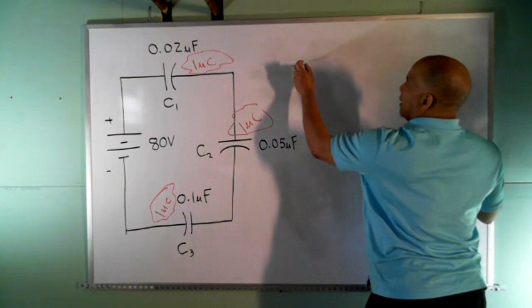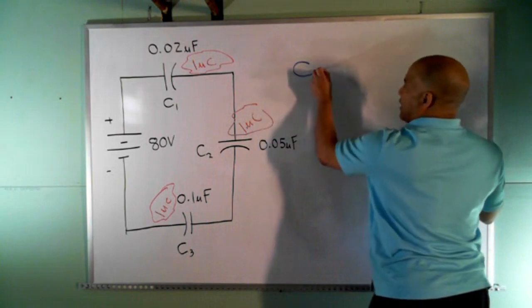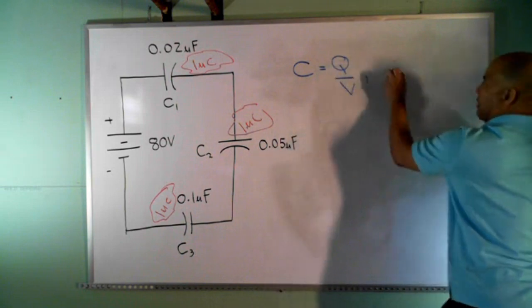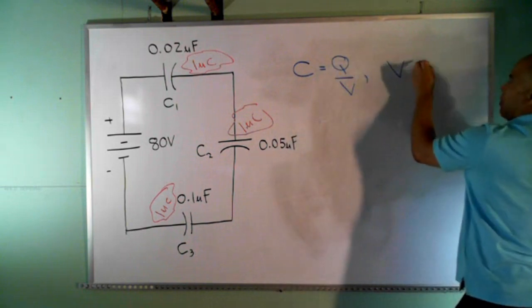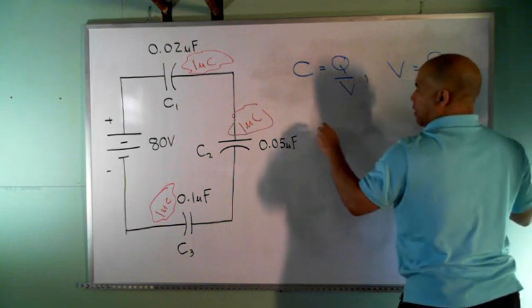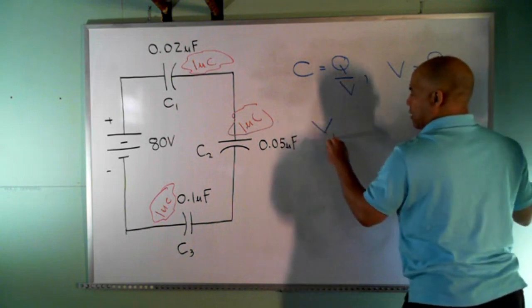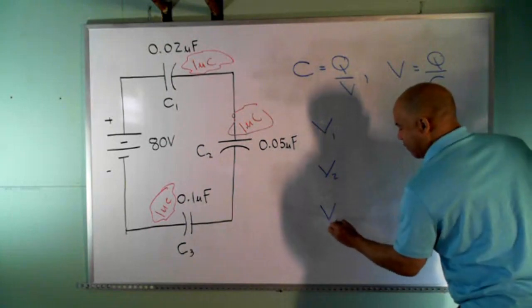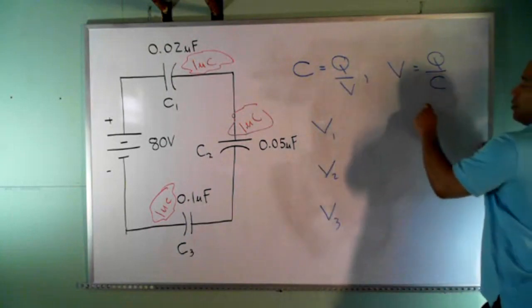So we know that C equals Q over V. So that means that V equals Q over C. So I want V1, V2, and V3 using this equation.